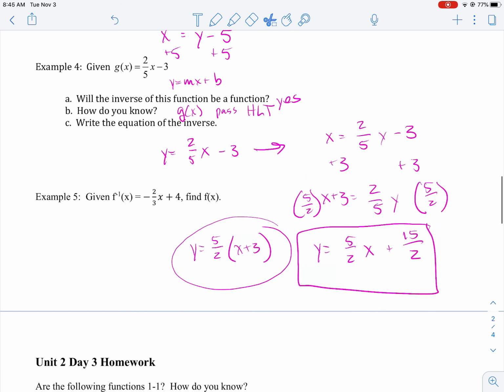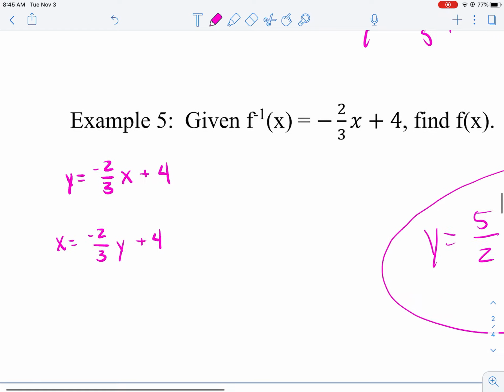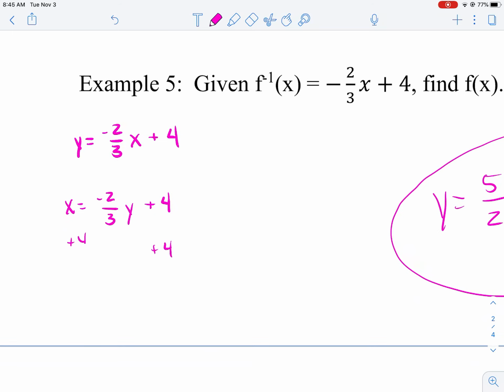All right, so example 5. Given the inverse of f of x, find f of x. Let me zoom in here and give myself some room. So I'm going to bring this over here. I'm going to switch, again, the x and the y's, and then solve for y, so plus 4. x plus 4 is equal to negative 2/3 y, multiplied by the inverse.